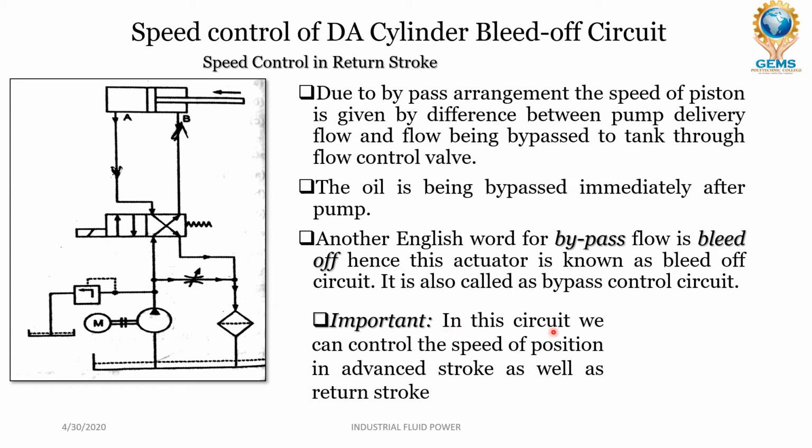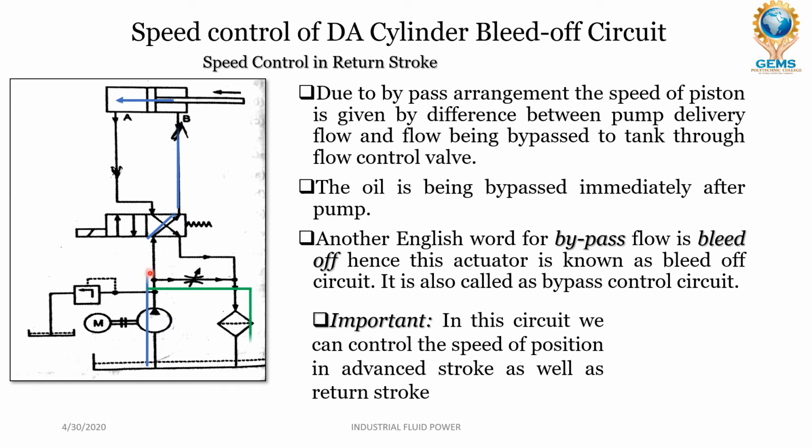Important: in this circuit, we can control the speed of piston in advance stroke as well as return stroke. Yes, we can control in both directions. Now you are seeing the return stroke, how it happens.